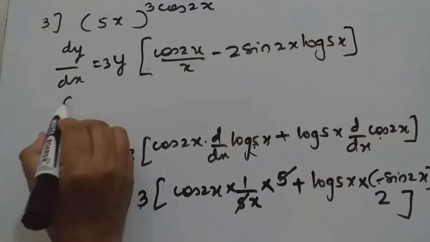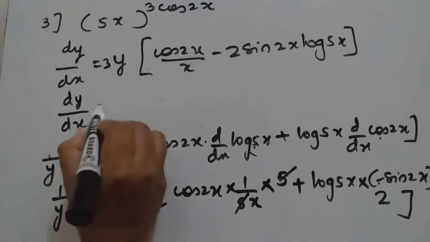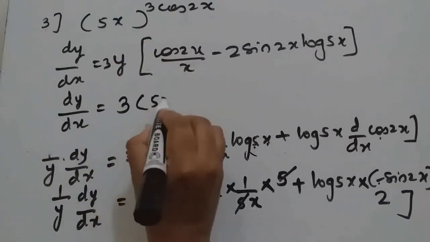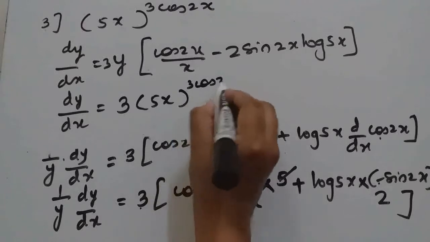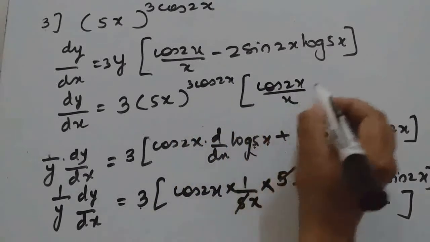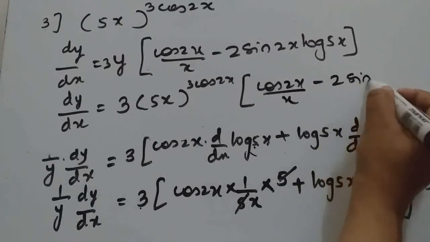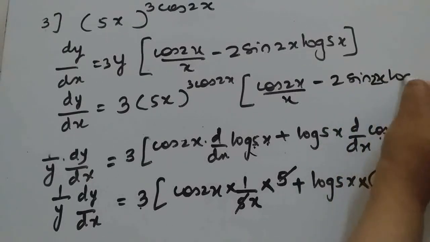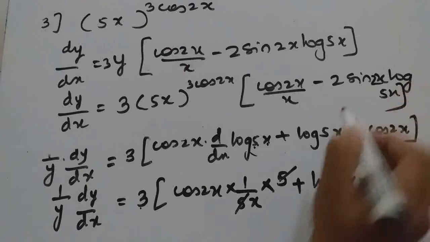But what is y? We know y is nothing but (5x)^(3 cos 2x). So dy/dx = 3 (5x)^(3 cos 2x) [(cos 2x)/x − 2 sin 2x log 5x].